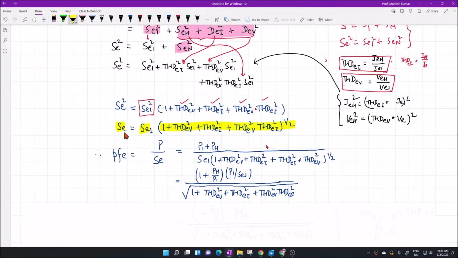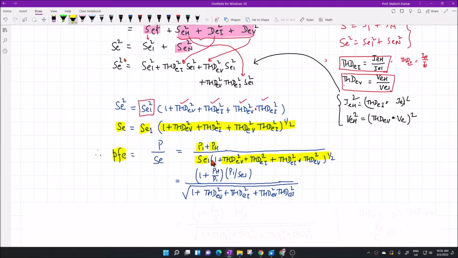Now once we know SE, then we can find out the power factor based on this definition. PF is given as P by SE. Therefore P by SE is P1 plus PH, because P is given by P1 plus PH, and this is SE in terms of SE1 and THD components.